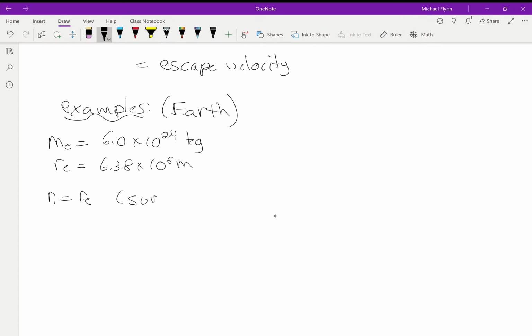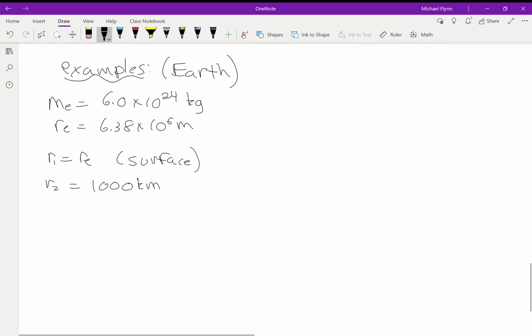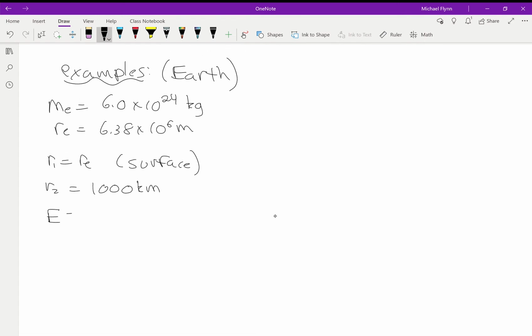And then R2, let's say you want to go up 1,000 kilometers. My question for you is, how much energy will that take? How much gravitational energy, you're going to be fighting gravity, so how much gravitational potential will you gain when you do this?